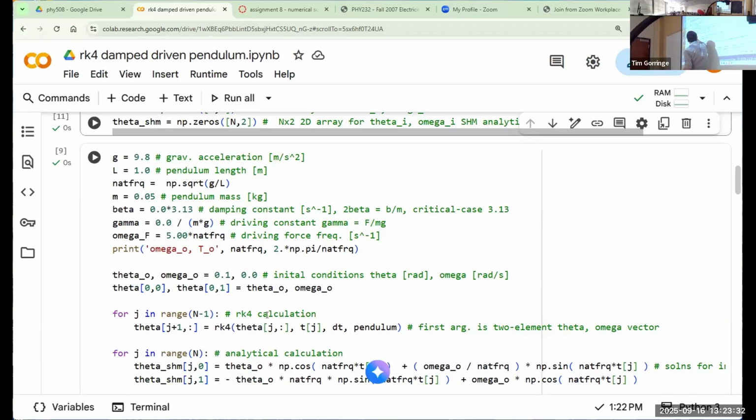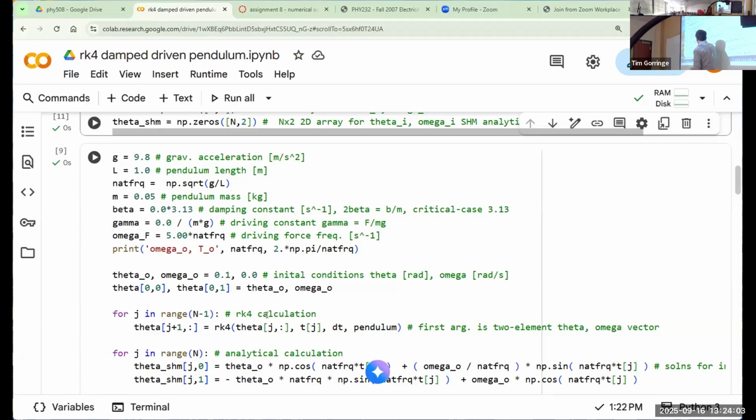So here I'm defining the mass of the pendulum, the beta for the damping force, the gamma for the driving constant, and the driving frequency, that's the omega f. I'll come back to why I wrote certain values in certain ways when we get to playing with the code. But anyway, I'm defining all these values I need.